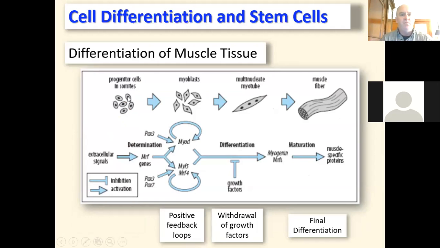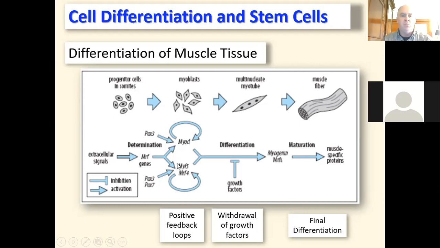So at the somite level, you get extracellular signals that cause the expression of PAX3 and PAX7, and that brings up MyoD, which brings itself up. So MyoD is now being expressed, and it also brings up MRF4 and MRF5, which also kind of express themselves.